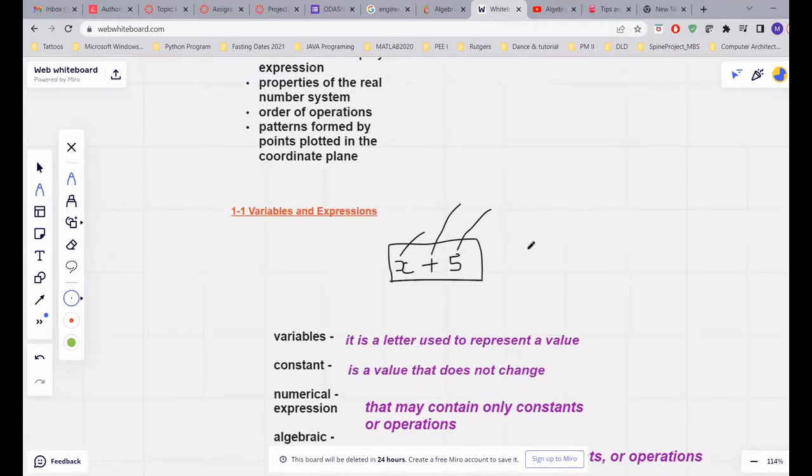As it said, algebraic expressions can contain variables or constants or operations. They don't have to be all in the same expression. So x by itself is an algebraic expression.